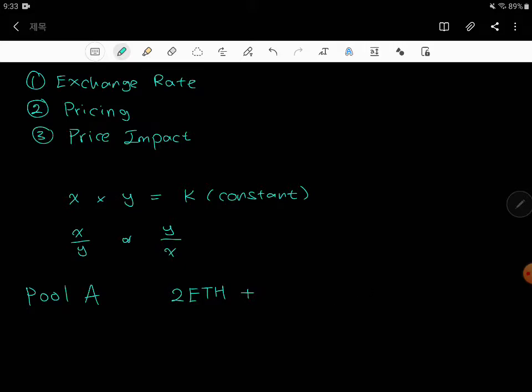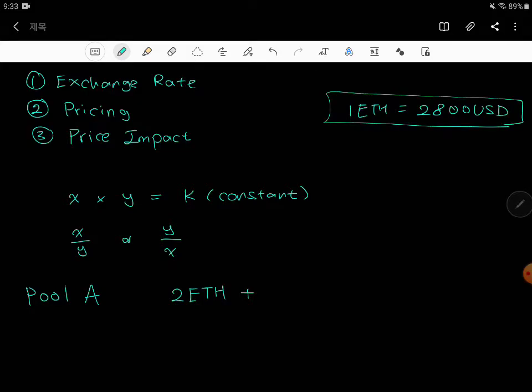So let's say 1 ether current rate is 2,800 US dollar. So someone sees this and pulls ether and DAI together. So he puts 2 ether plus 5,600 DAI, because DAI is basically US dollar, right?